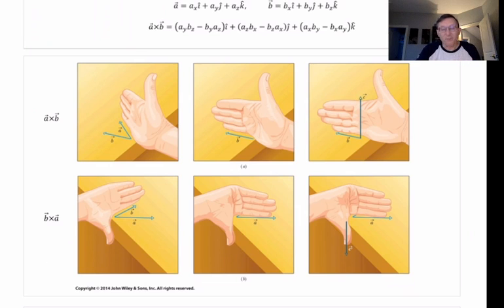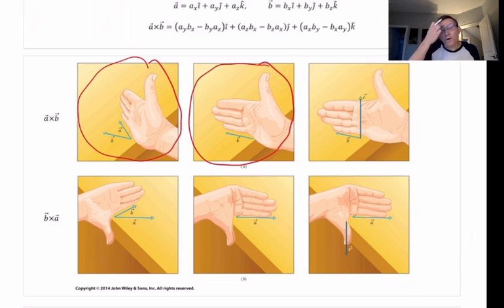You take your right hand with the thumb extended like you're hitchhiking, like is shown right here, and you start with your fingers pointing in the direction of A. Your palm pointing towards B. And then, with the fingers of your right hand, push A towards B. That's the way your fingers have to push, to rotate.